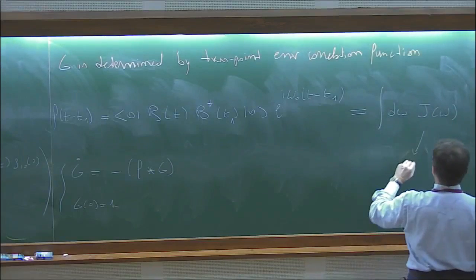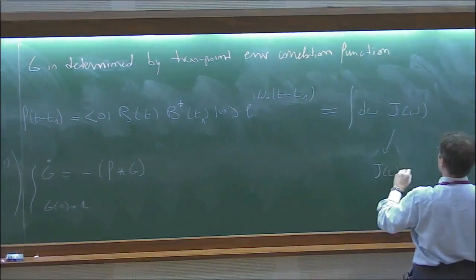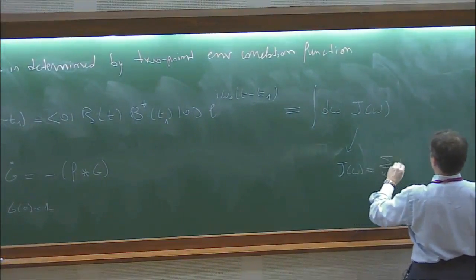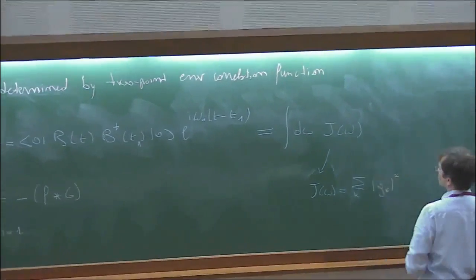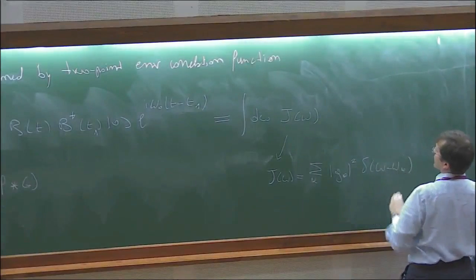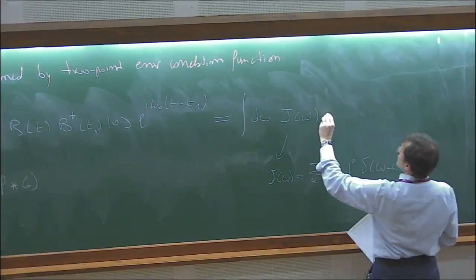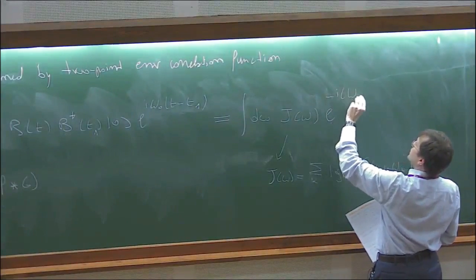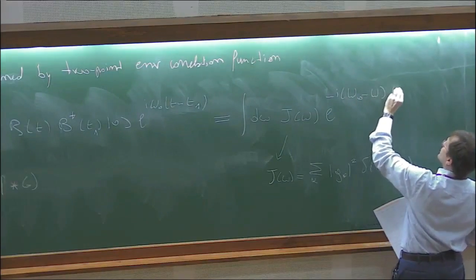So this object is formally defined as J of omega is the sum over K, modulus square of g_K times delta of omega_K, times a factor which has to be written as e to the minus i (omega 0 minus omega)(t minus t1).